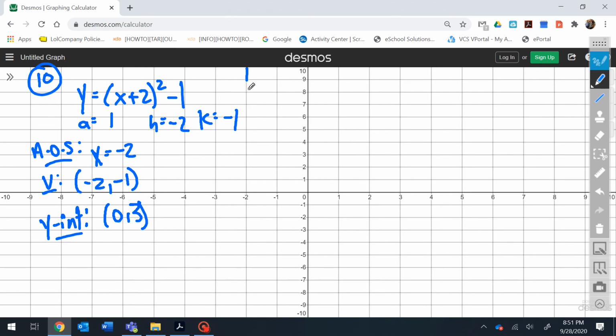So I got -2 is the axis of symmetry. My vertex is on that. It is -2, -1. My y-intercept 0, 3. And then its partner over here on the other side.